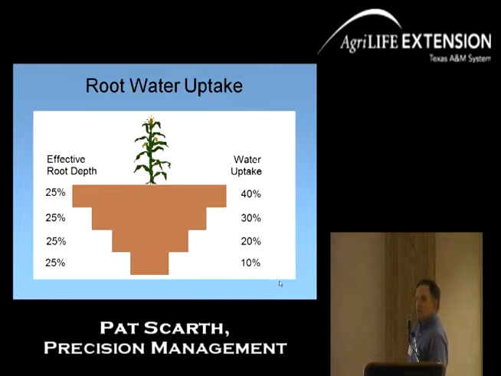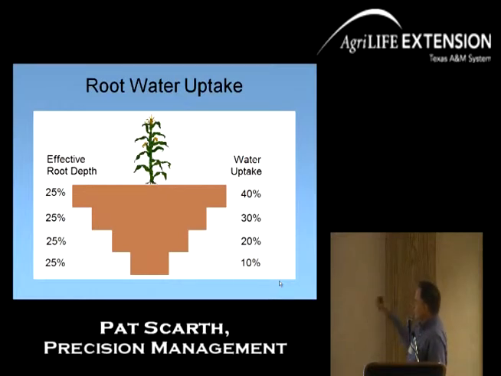So far as where the plant gets this water from the root zone, if you had a soil profile that had the same water content uniform throughout, it's going to pull 40% from the top 25%, 30% of the water is going to come from the next 25% of the effective root depth, and 20%, and so on.